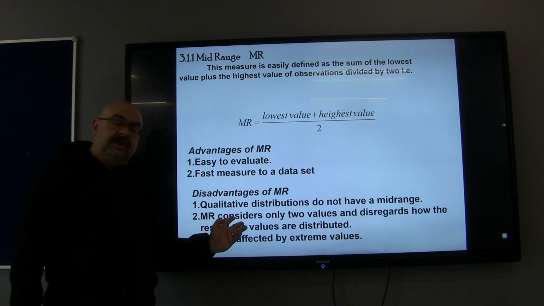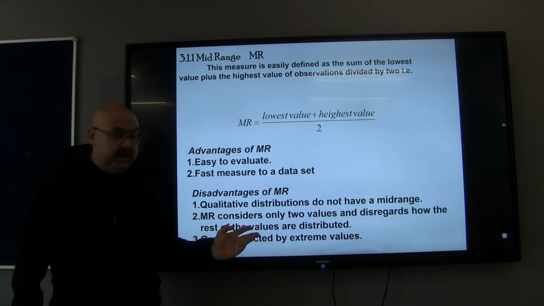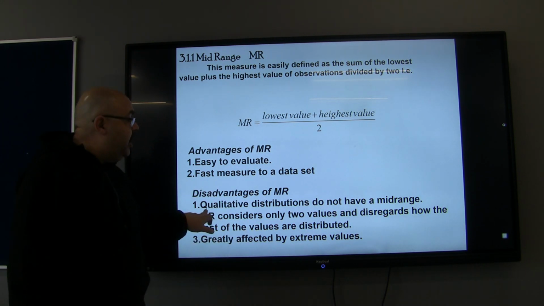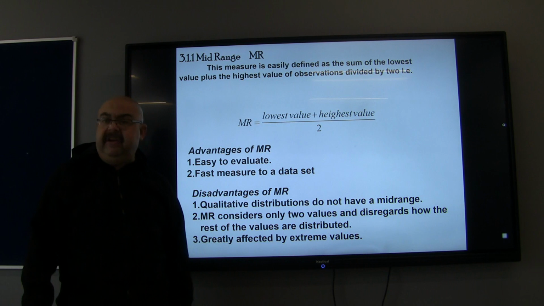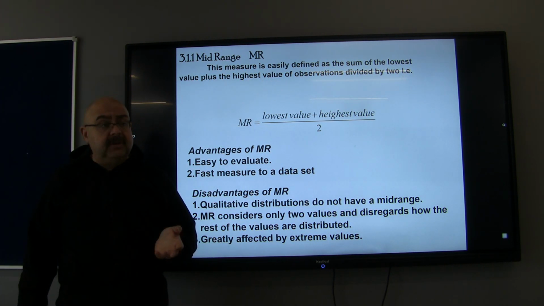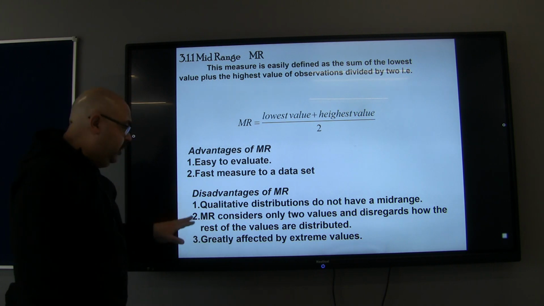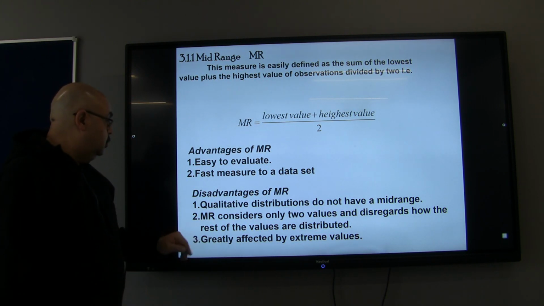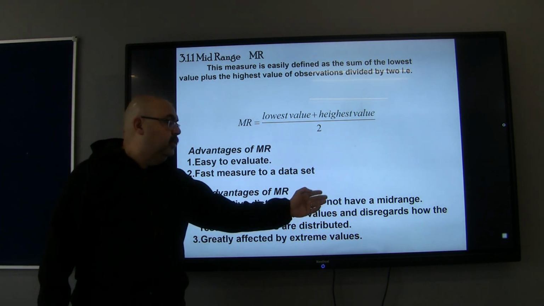The disadvantages regarding the mid-range: number one, it's greatly affected by extreme values. If you have outliers or extreme values within your distribution, the mid-range is not going to be accurate. Also, qualitative distributions don't have a mid-range.